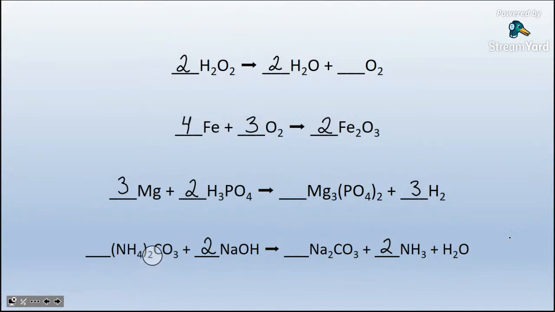1 times 2 is 2, and then 2 times 4 would be 8 hydrogens. And I already have 2 times 3 for 6. And I forgot my little blank out in front of water, my apologies.